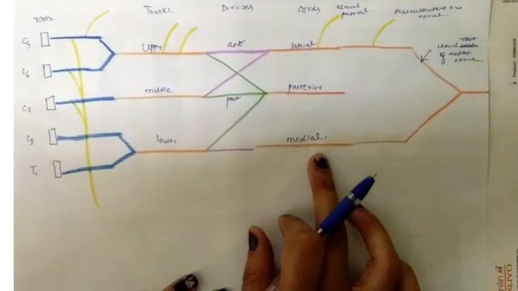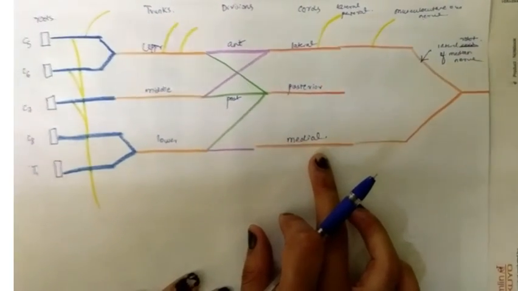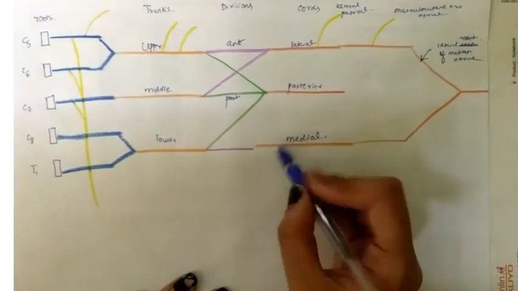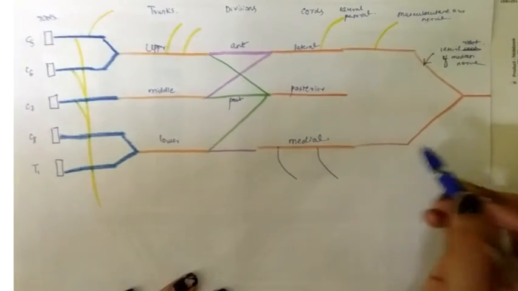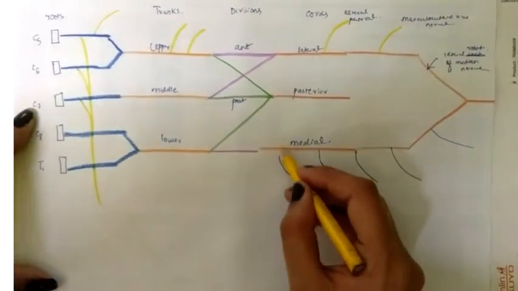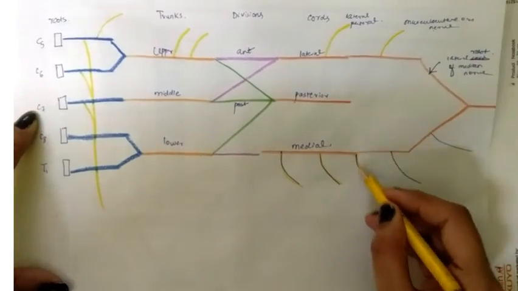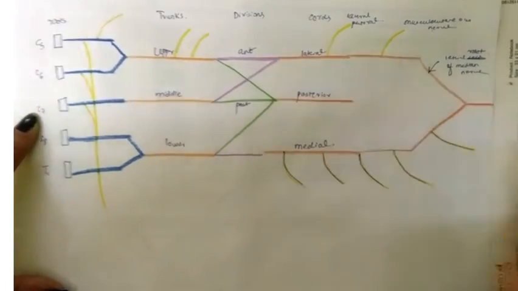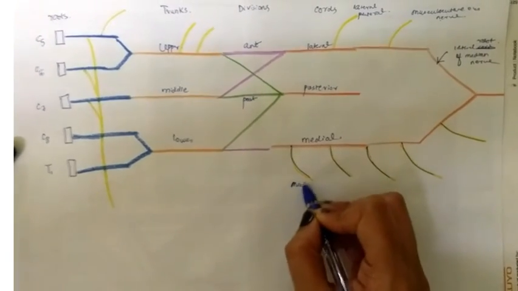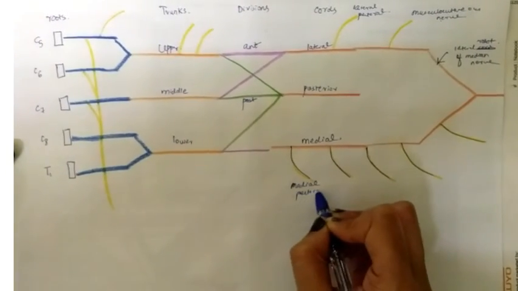Coming from the medial cord, we have five branches, which is given by the mnemonic Most Medical Men Use Morphine. So M for medial pectoral nerve, root value C8 to T1. Medical, M, medial cutaneous nerve of arm, again root value is C8 and T1.